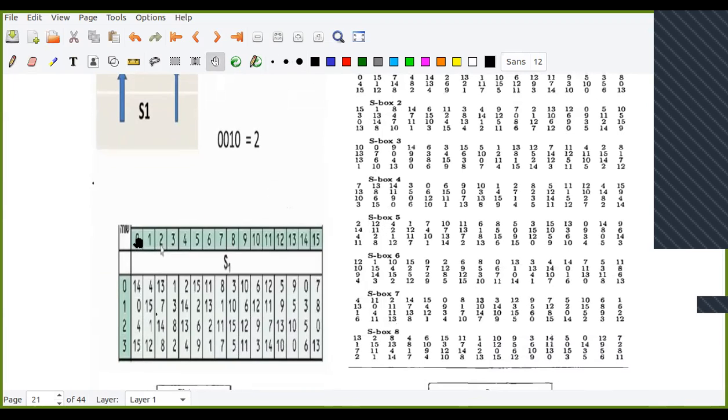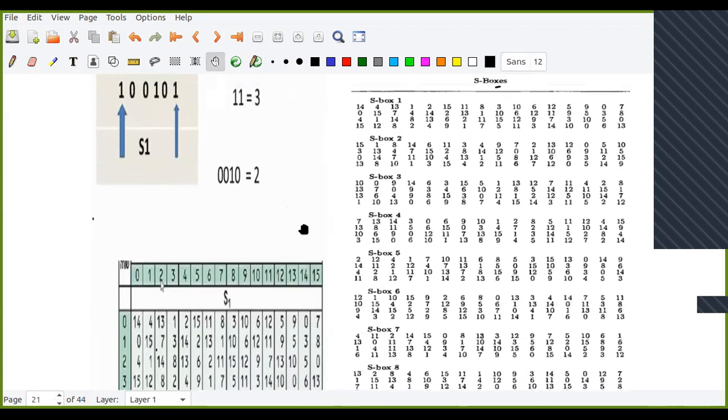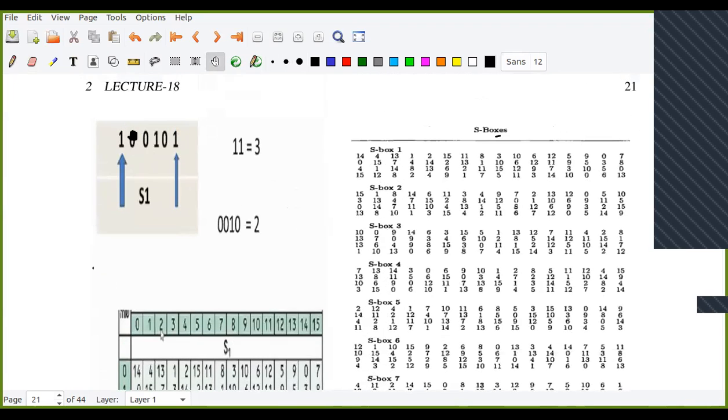Here we put 0, 1, 2 up to 15. Why 0 to 15? The total length is 6, but in the middle we have length 4. Length 4 means the decimal representation is 0 to 15.